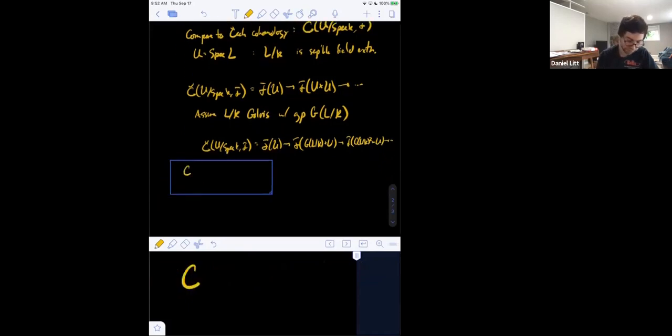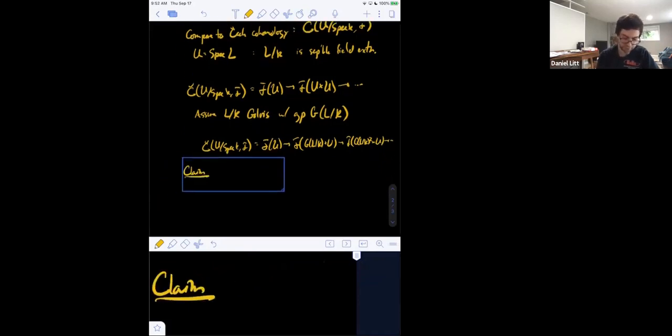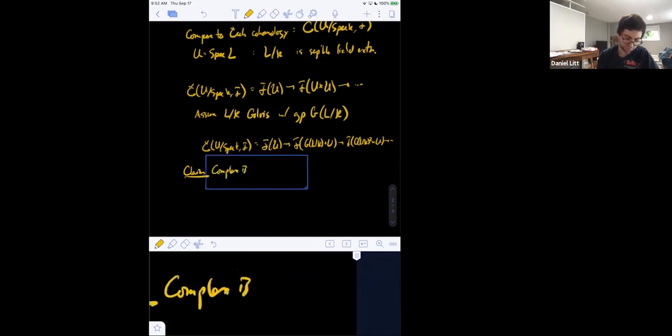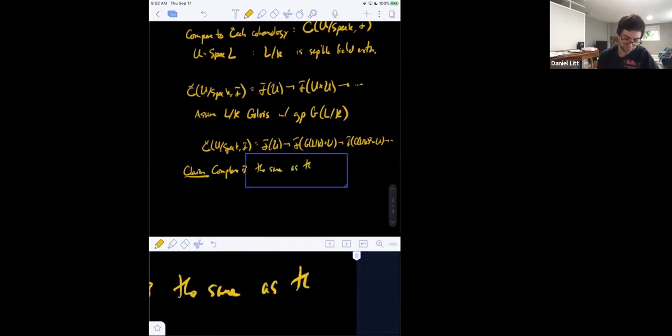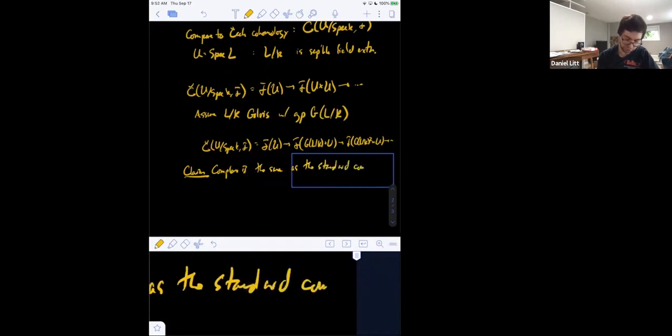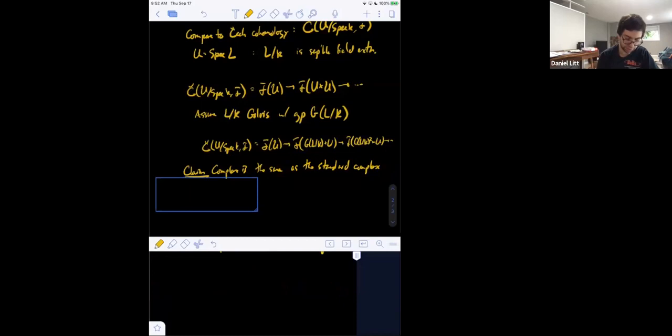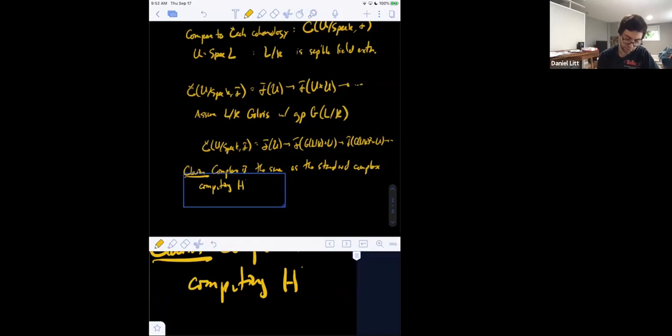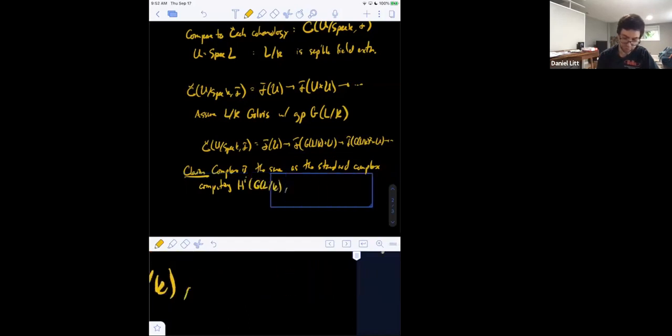Okay, and then the claim that you should check is that this complex is the same as the standard complex, meaning inhomogeneous cochains, which computes Galois cohomology, so computing H^i(G(L/K), F(U)).